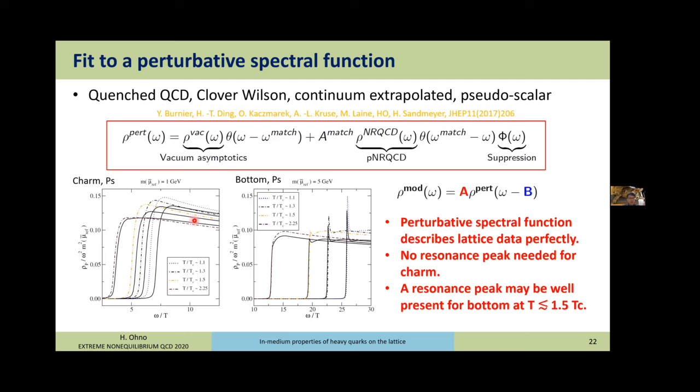For charmonium, basically you cannot see any bound state, any resonance peak here. So that means to describe our lattice correlation function data, it is not necessary to have any resonance peak.